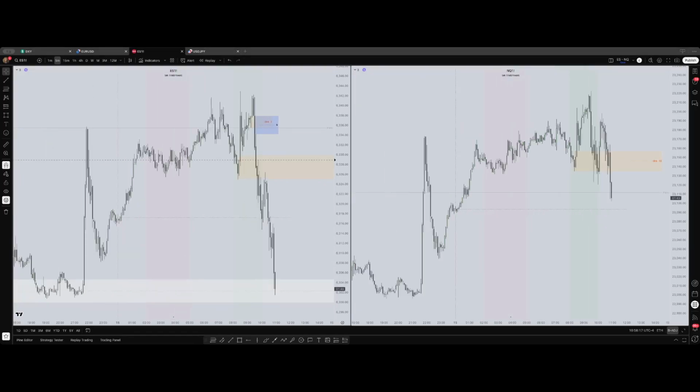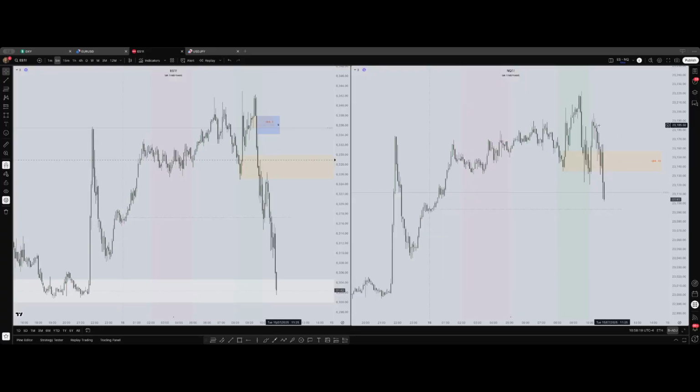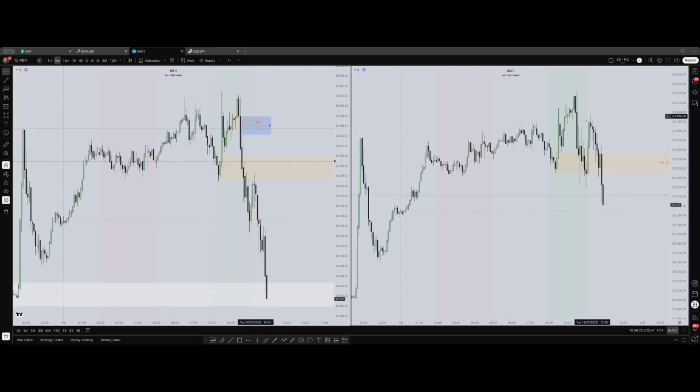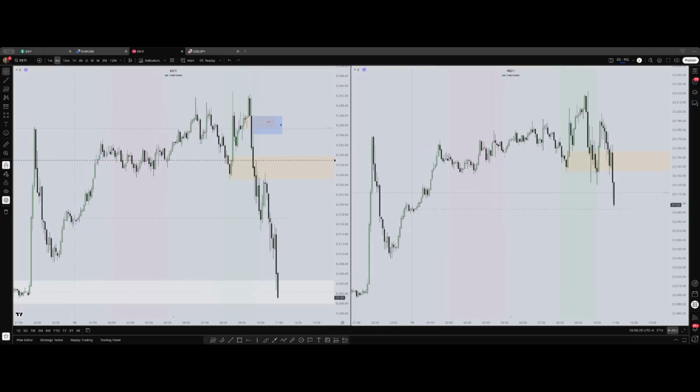Interesting question. It seems here Nasdaq was accumulating before dropping. That's the thing, that depends on the context.